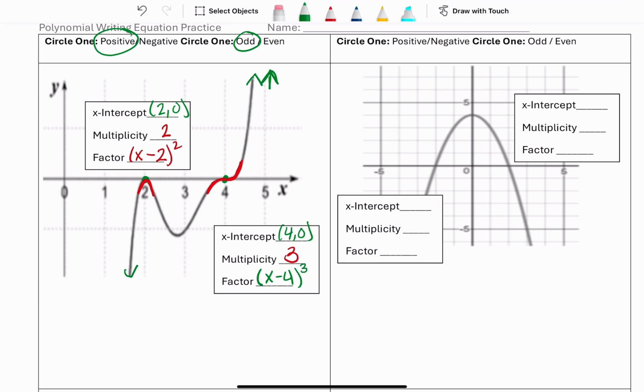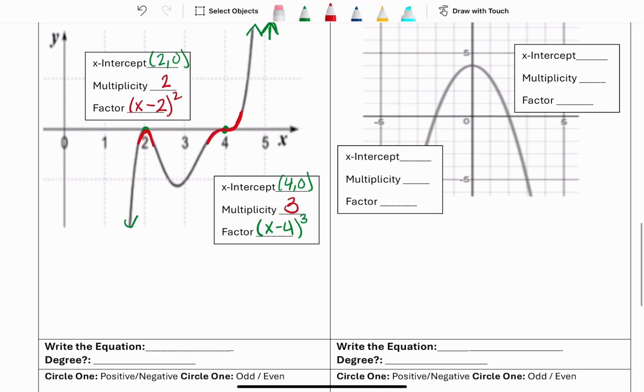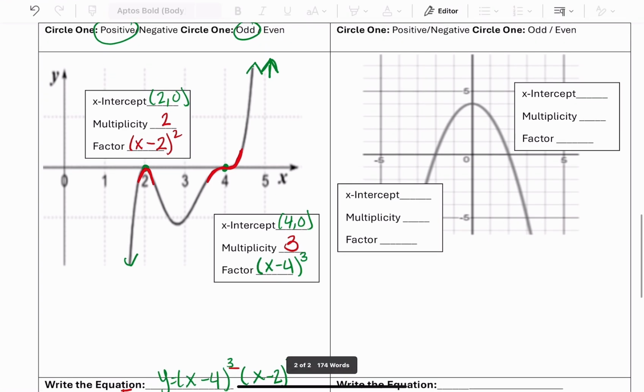Now I write my equation in standard form: y equals x minus 4 cubed first, and then x minus 2 squared second. When I add those exponents, 3 plus 2, I get a degree of 5, and that matches with me having an odd graph.